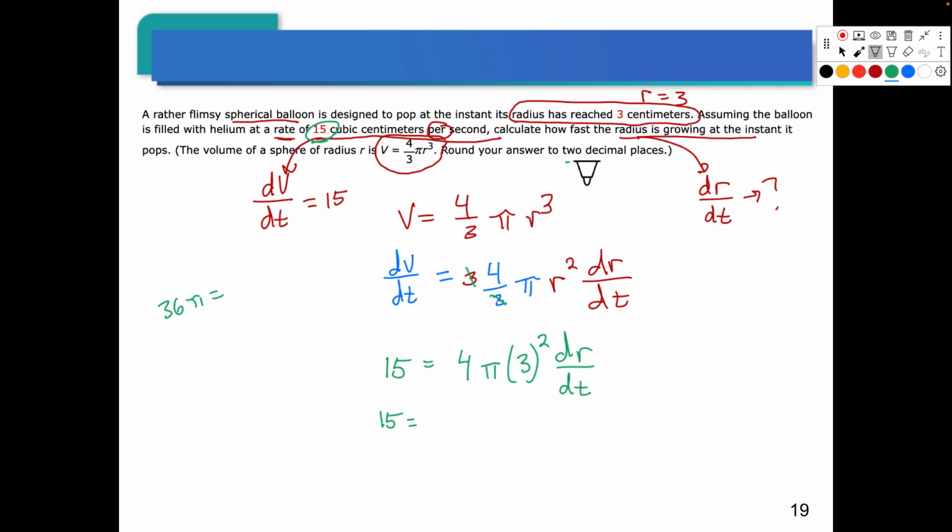But we looked up here, they want 2 decimal places, so they probably want us to take pi times 36. So 3.14 will probably be close enough. 3.14 times 36 is 113.04.